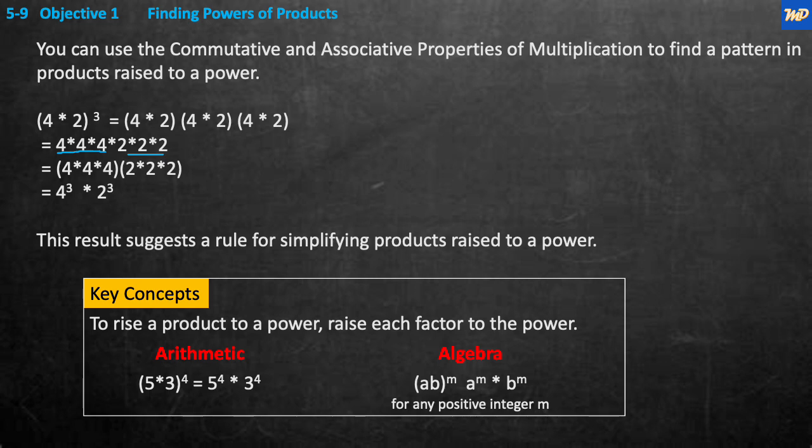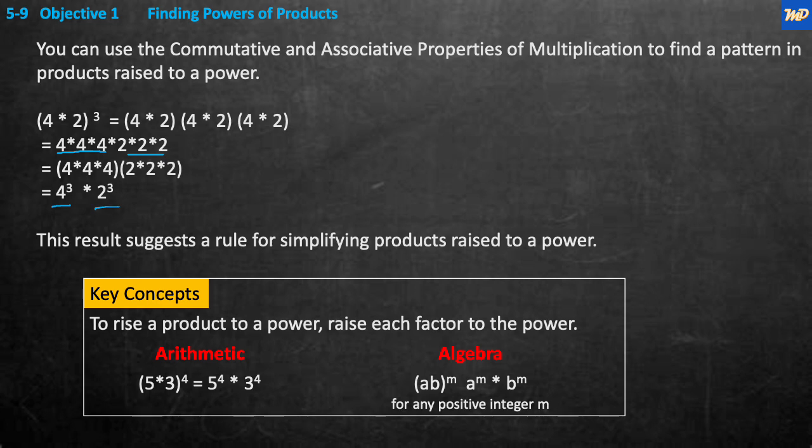And 4 times 4 times 4 times the quantity 2 times 2 times 2 equals 4 cubed times 2 cubed.